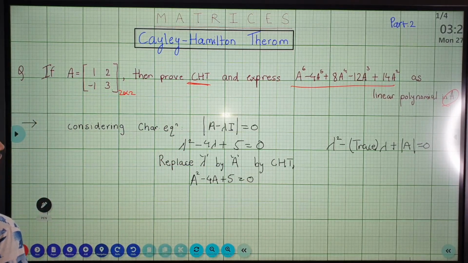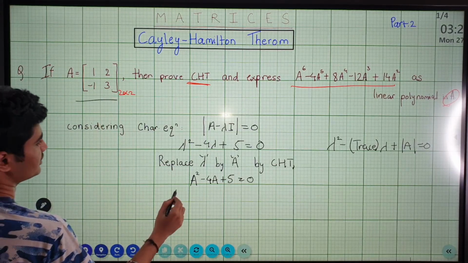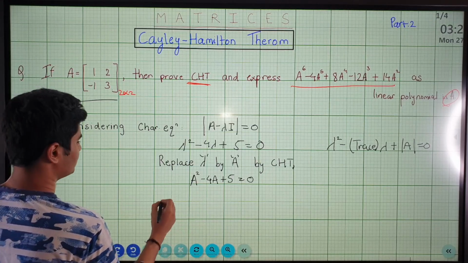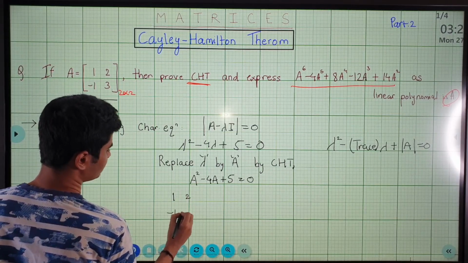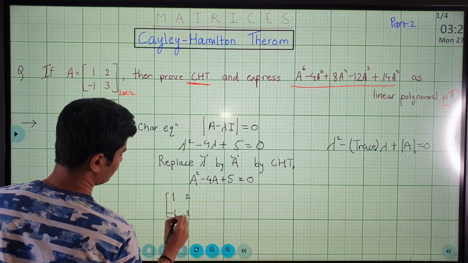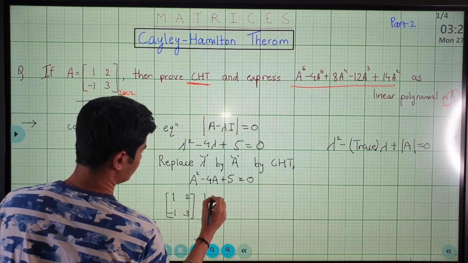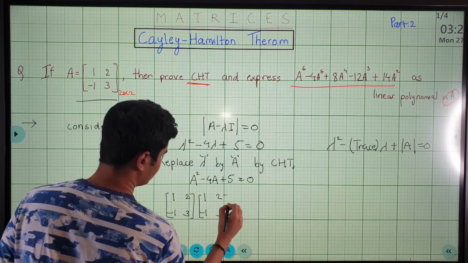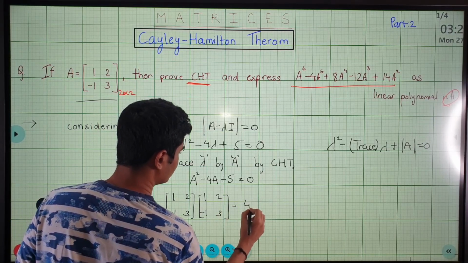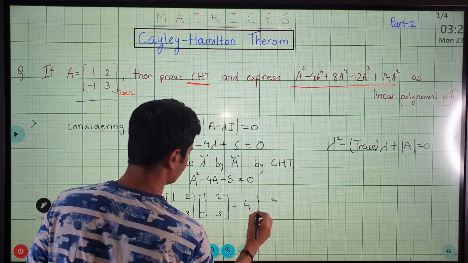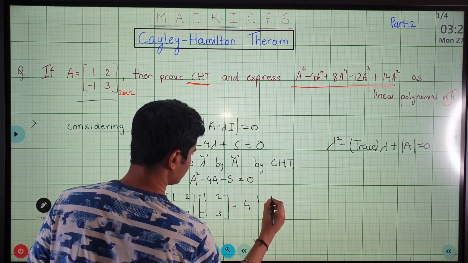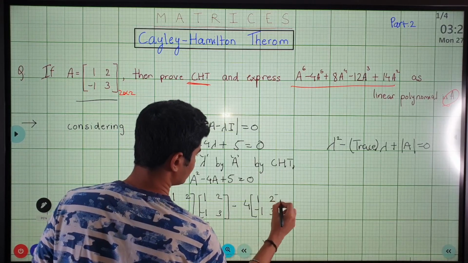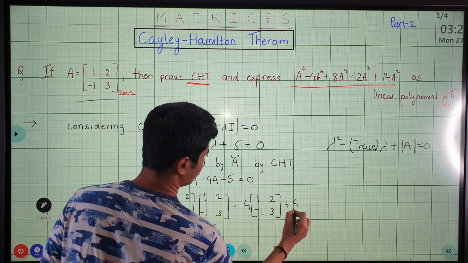Now we are just going to put this matrix A in this equation. So we get the matrix equation as [1, 2; -1, 3] times [1, 2; -1, 3], minus 4 times A, that is [1, 2; -1, 3], plus 5.